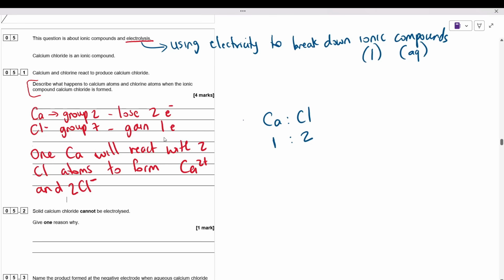Once you know how to use the periodic table, it can help you a whole lot with answering these questions. Group 2 loses 2 electrons. Group 7 is a non-metal, so it's going to gain 1 electron. So we need a 1 to 2 ratio for the reaction to take place: 1 calcium, 2 chlorine atoms, and that reaction will form a Ca2+ ion and 2 Cl- ions. If you just have Cl-, that's absolutely fine as well. You don't have to have 2 Cl-.